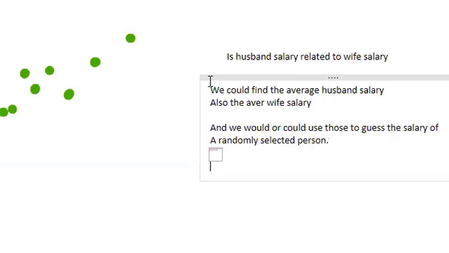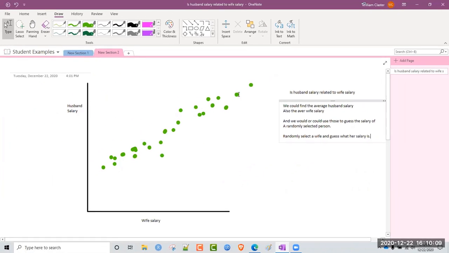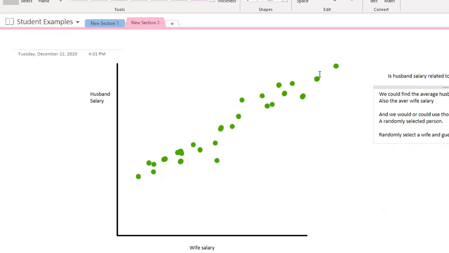So we could say randomly select a wife and guess what her salary is. Remember we said that each of these dots represents a couple, and so the x coordinate of each of these dots is the wife's salary.